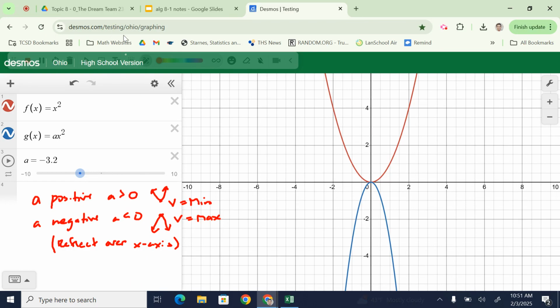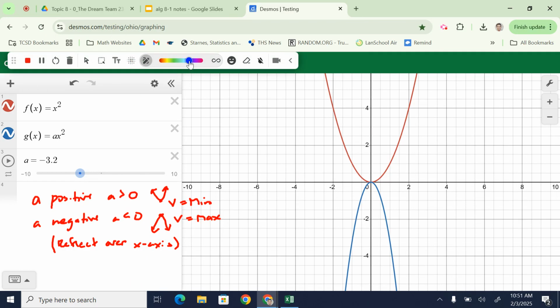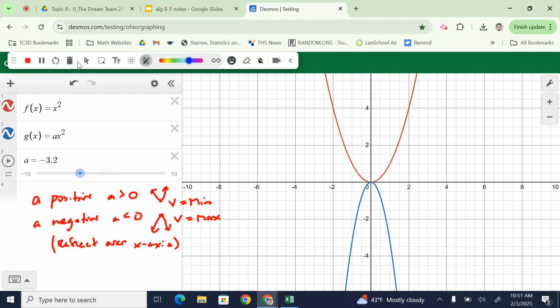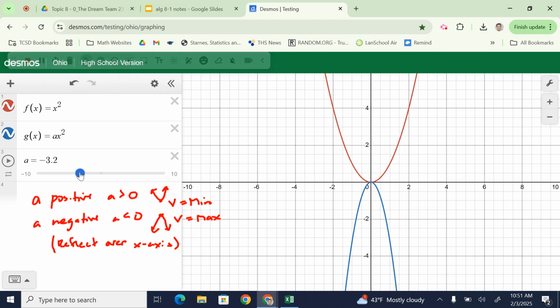Now, let's talk about the actual numerical value. Let's forget about the sign. So let's just stick with when it's positive right now. So if I take a look at my slider and I move it back to 1. Okay, so there's 1. Now, if I increase the value of a, meaning it becomes greater than 1, notice what happens to the blue graph. Notice how it gets skinnier. See that? It gets inside the red.